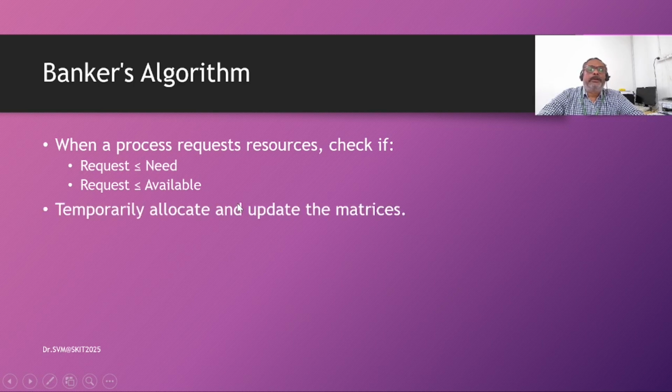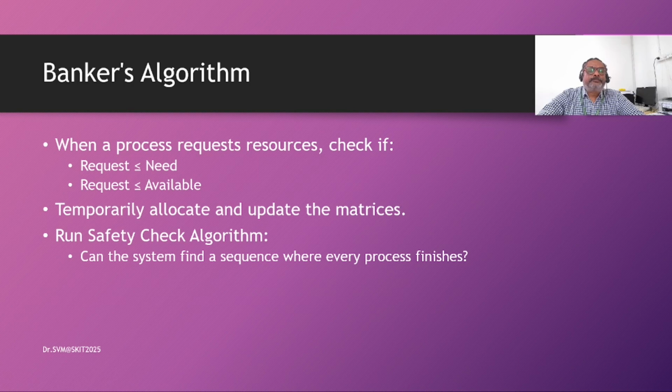If so, then the next step is to temporarily allocate and update the matrices. If a process is requesting, and these two conditions are true, then assume that it is allocated and the matrices are updated properly, and then run the safety check algorithm.